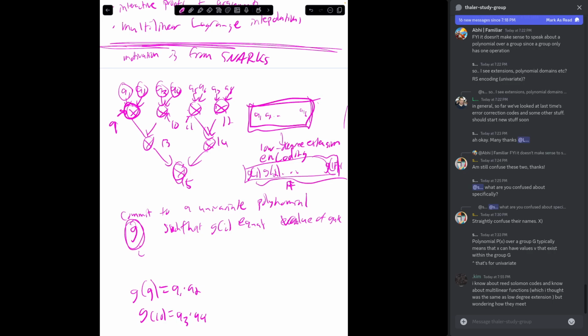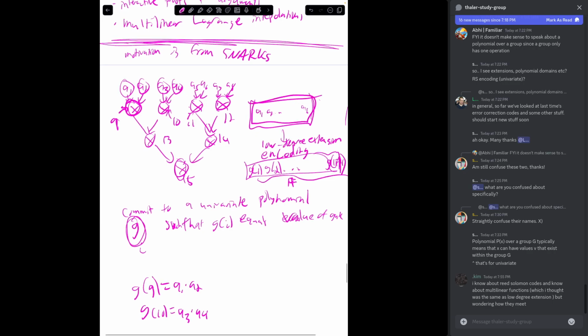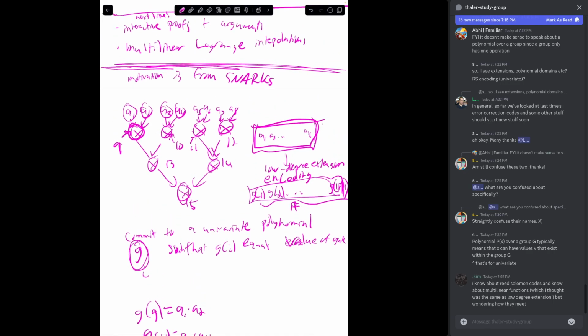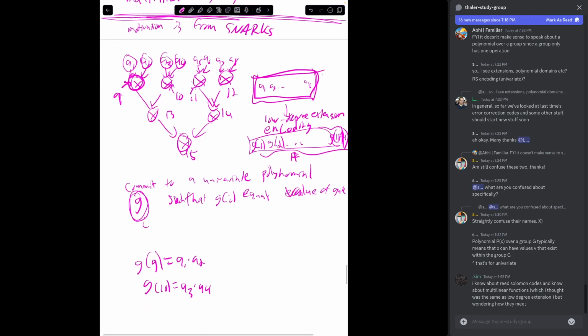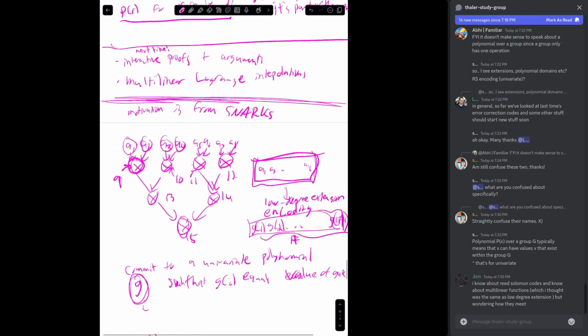Yeah, and low degree extensions just arise naturally in snarks. Basically, what the prover in snarks always does is it commits to a polynomial that captures the values of every gate in a circuit, or all of the values arising as the prover ran some computer program on a witness.